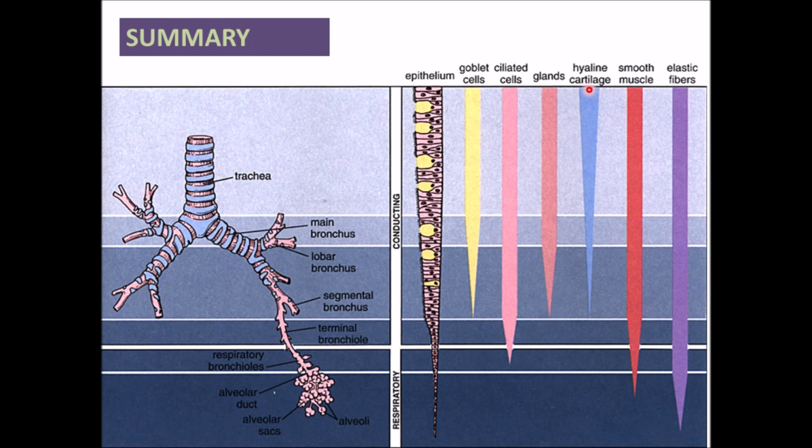Hyaline cartilage, which is C-shaped in trachea, changes into plates in the principal bronchus. Then the size and the number of plates keep on decreasing and finally it disappears as it reaches the terminal bronchus. The smooth muscle persists up till the alveolar duct. The elastic fibers are seen throughout the respiratory tract. Thank you.